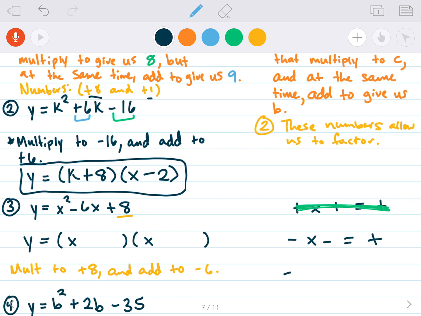And so my answer here is going to be negative 4 and negative 2. Sorry, not negative 4 times negative 4, I meant negative 4 times negative 2. These two numbers multiply to positive 8, and when we add them, negative 4 plus a negative 2, we get a negative 6, which is what we wanted. All right?